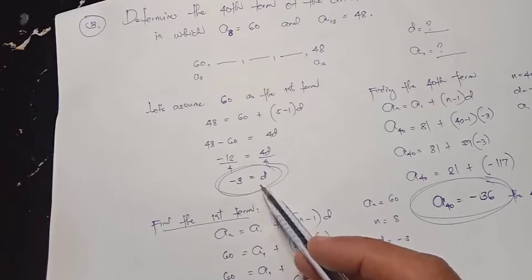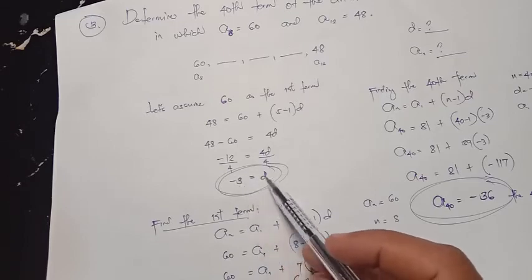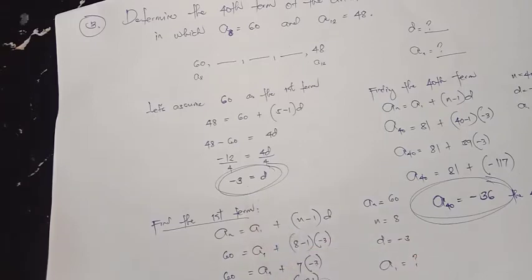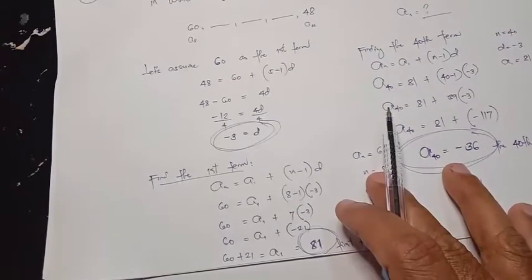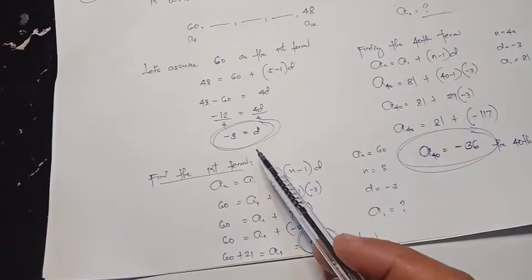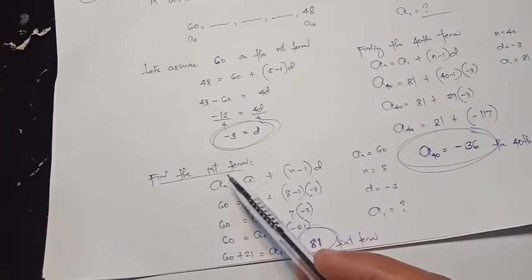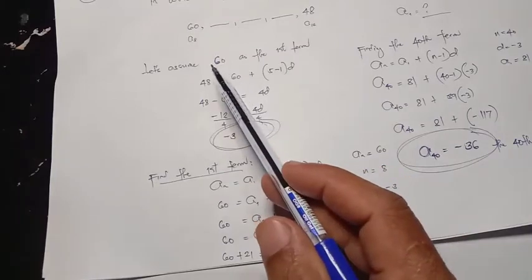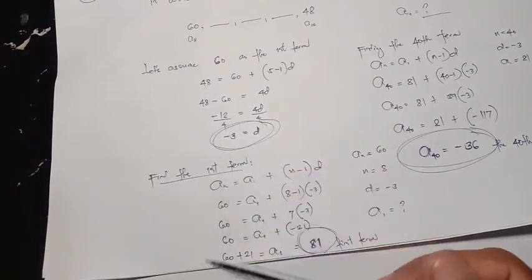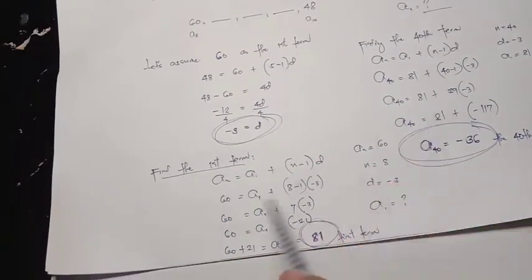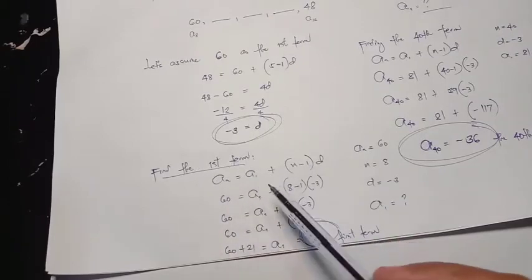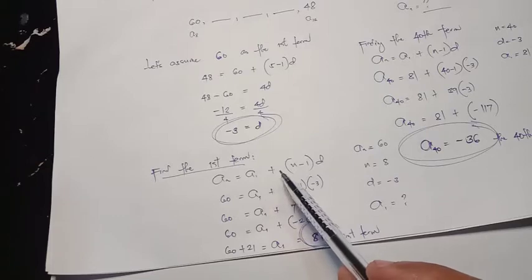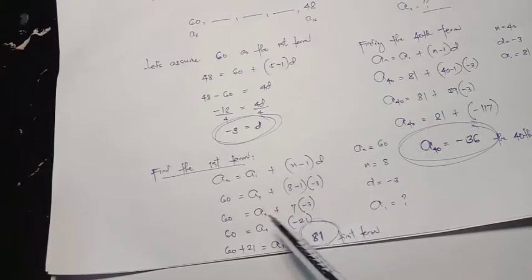So, now, alam na natin ngayon ang common difference which is negative 3. Ngayon, hanapin na natin yung actual na first term, yung totoong first term. Kasi dun sa una, ang ginawa natin, 60 first term, pero inassume lang naman natin. So, now, to find the first term, we use again a sub n equals a sub 1 plus n minus 1 times d.